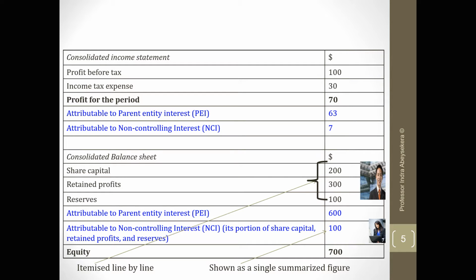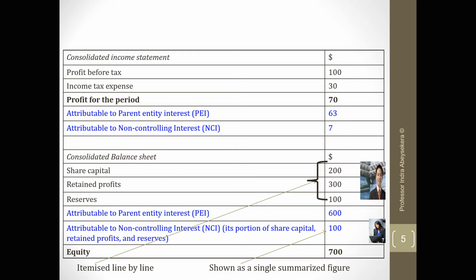The ownership interest in the group is represented by the shareholders' equity, and part of the shareholders' equity in the group is attributable to the parent entity, called the parent entity's interest, and part of it is attributable to non-controlling interests, who are shareholders or owners of the subsidiary.